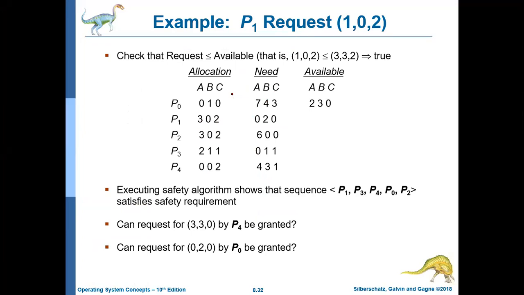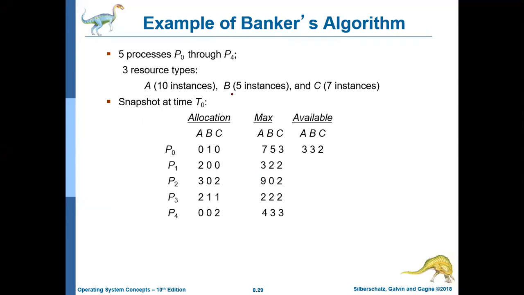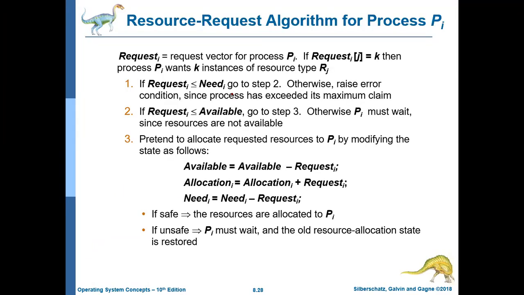Now, once again, I am going to the algorithm part. Algorithm of resource request algorithm. Here you can check. First, what you are checking? Request should be less than need. Yes, request is less than need. Otherwise, it will be an error, and no process can request more than its need. Then we will check whether your request is less than available.